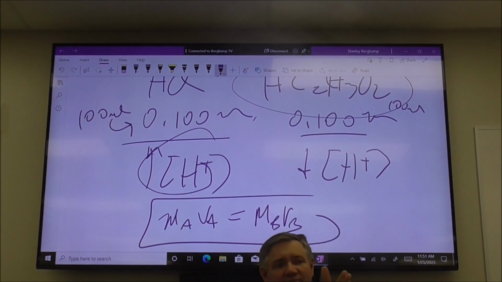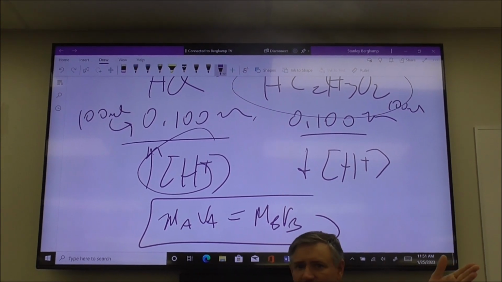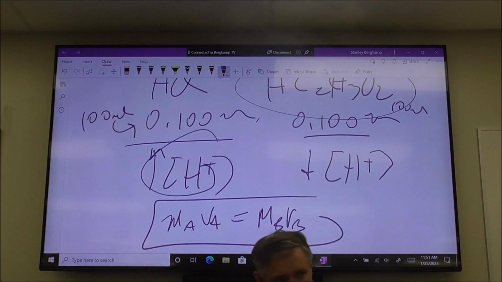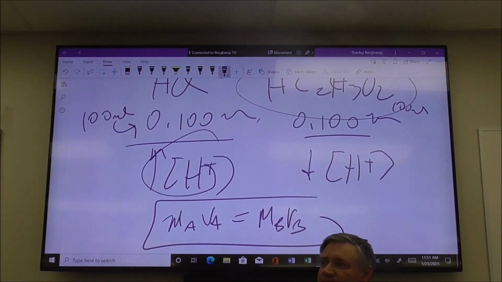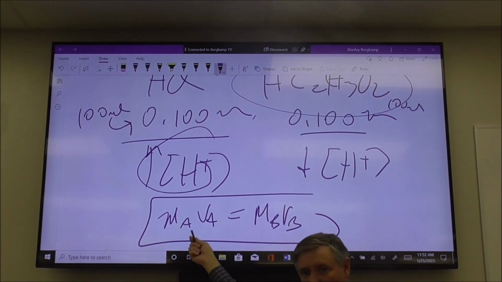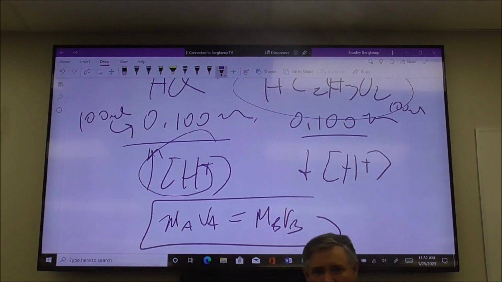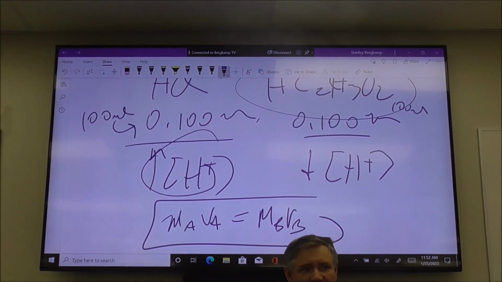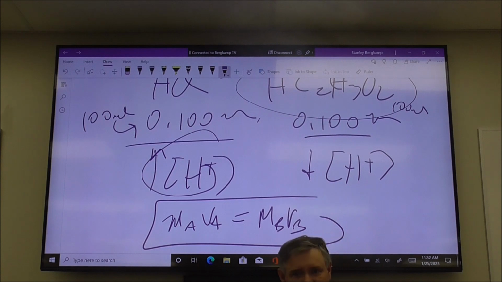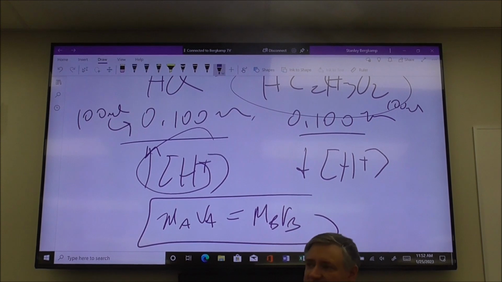If I've got 5 moles of an acid, whether it's a strong acid or a weak acid, it's still going to take 5 moles of base to neutralize it. So the 2 quantities are the exact same because mathematically we can't differentiate them. The moles of the acid have to be the moles of the base. That's it. There's no variation on the theme.